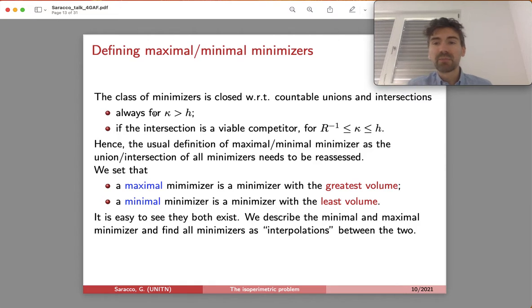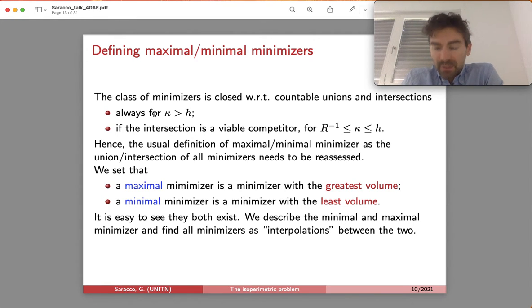A maximal minimizer is a minimizer with the greatest volume: among all possible minimizers, you pick the one or the ones with greatest volume. The same goes for the minimal one. Among all possible minimizers, you pick those with the least volume, and those are called minimal minimizers. And it's easy to see they exist. Again, this is just the direct method of calculus of variations. The proof I gave you at the very beginning now works the same to prove that you have a maximal or minimal minimizer.